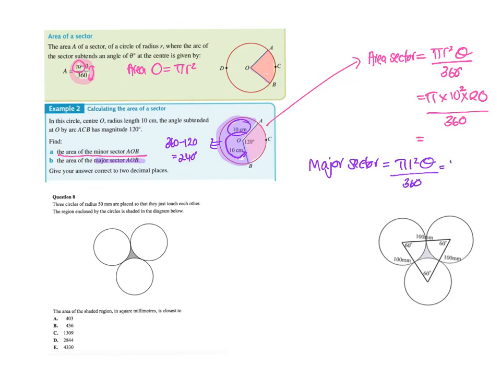But in this case, it'll be pi times 10 squared, times 240 over 360, because that is how many degrees in the major sector. I'll just get the answers. What units would area be? Centimeters squared. Good. They're also making sure of 2 decimal places. So that other one is 209.44.